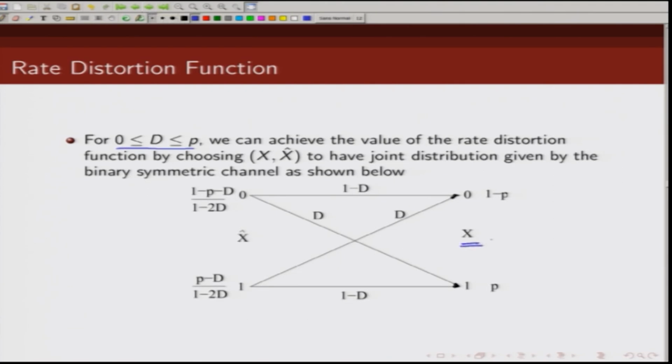So, this is my x and this is my x hat. Now, I want to create a joint distribution such that my x is distributed as Bernoulli, we know, with 0 probability 1 minus p, 1 with probability p, and I need to find out this distribution on x hat, keeping in mind we want to keep the distortion less than or equal to d.